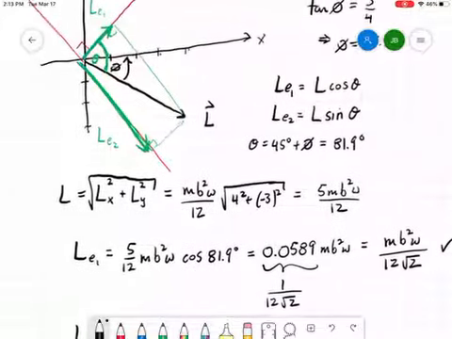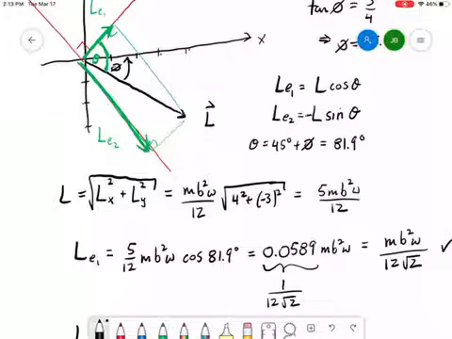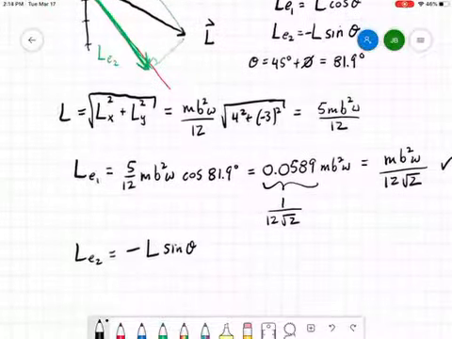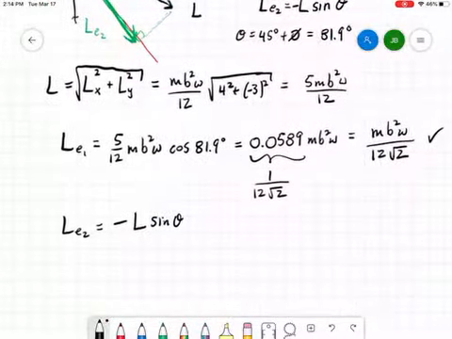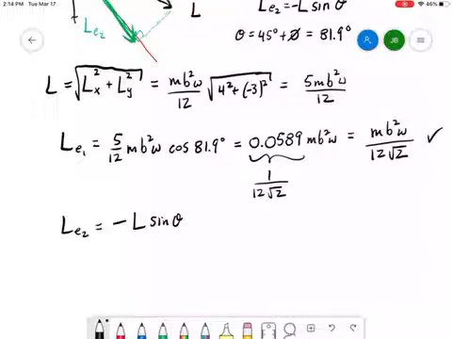What I should have had up here is I forgot my minus sign, so we'll fix that. L we already know is going to be 5 over 12 mb squared omega. And then we have the sine of 81.9 degrees.